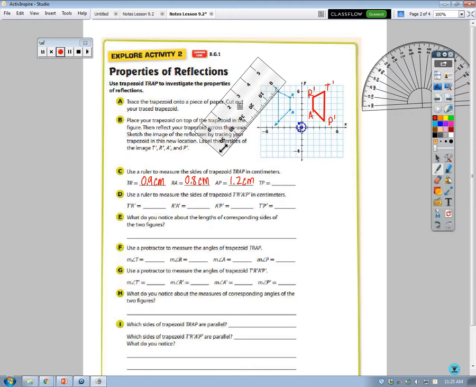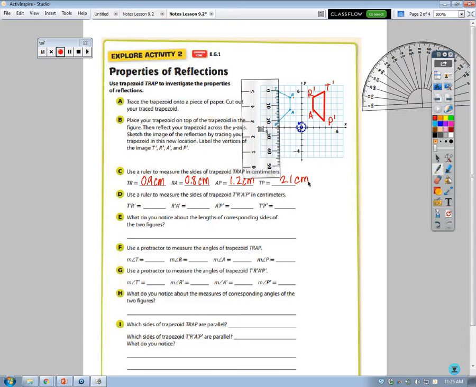And then I'm going to measure that side. And it looks like it's right about 2 centimeters. 2.1? 2.1 centimeters, just slightly over. So this is 2.1 centimeters.